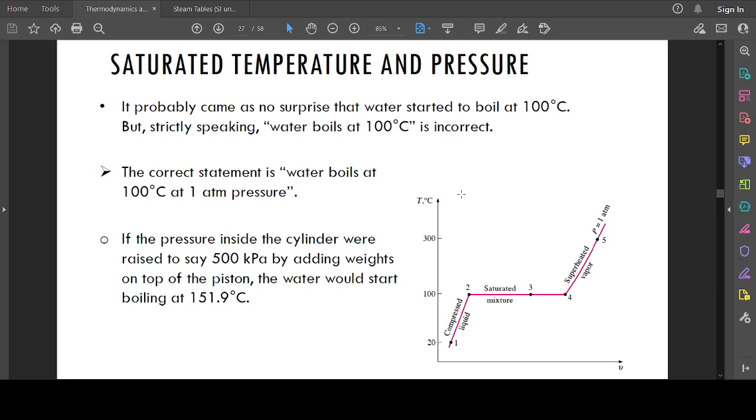So giving an example, if the pressure inside a cylinder, that same cylinder that we discussed in the previous slide, were raised to 500 kilopascals, and we could achieve this by adding weight to the top of the piston, then the water will start to boil at 151.9 degrees Celsius. So as the pressure rises, the boiling point will also rise, and the opposite of this statement will also be true.